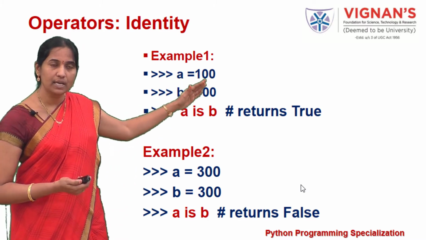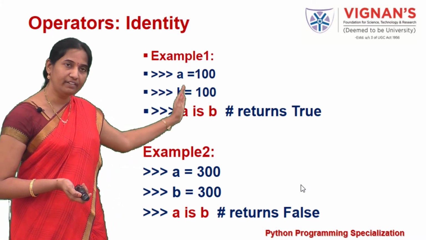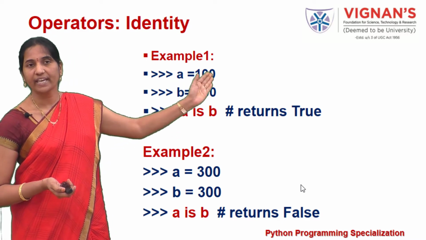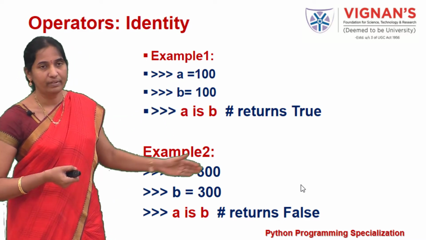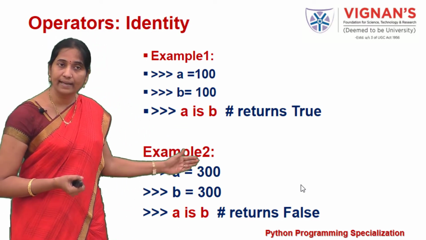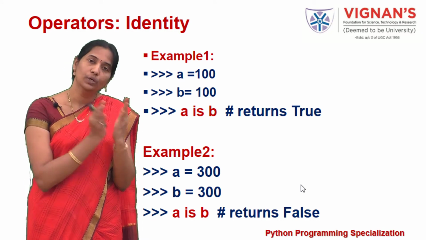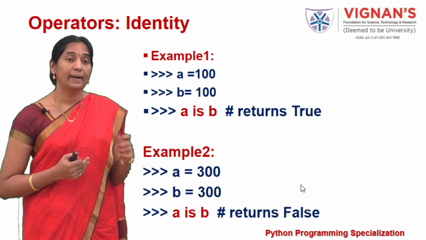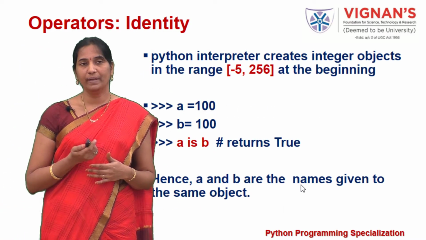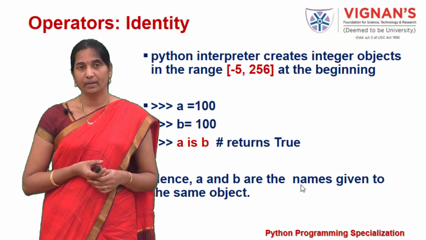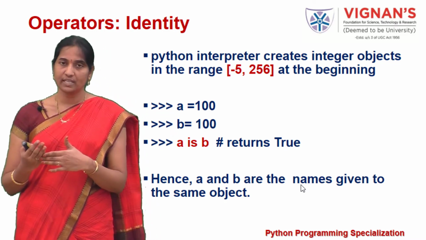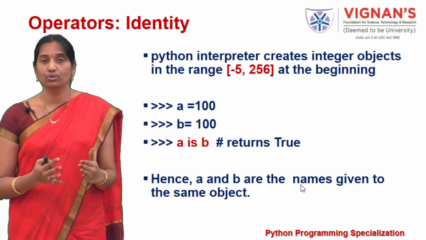In the first case, I am assigning 100 to different variables in different statements, A equal to 100, B equal to 100. And when I check A is B, it is returning a true value. Whereas in the second case, A equal to 300, B equal to 300, I am assigning the same value, but it is returning a false value. What could be the reason? The reason is simple. The Python interpreter basically creates integer objects in the range of -5 to 256 at the very beginning of the execution itself.